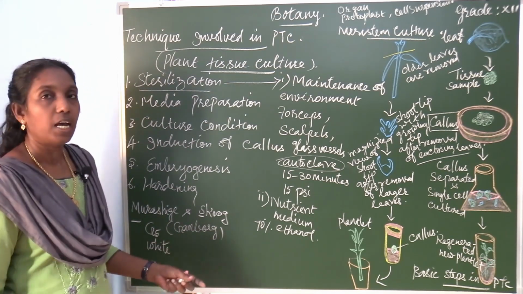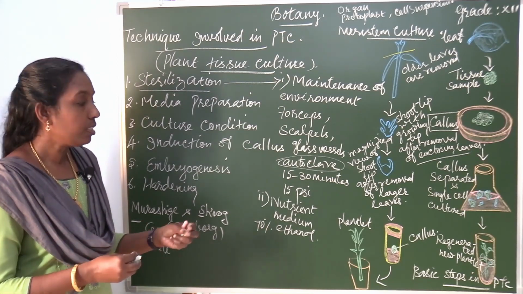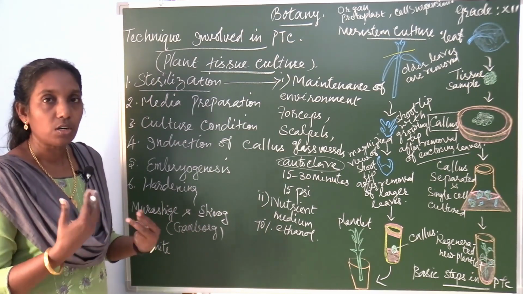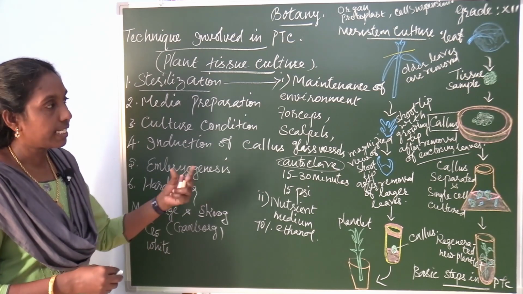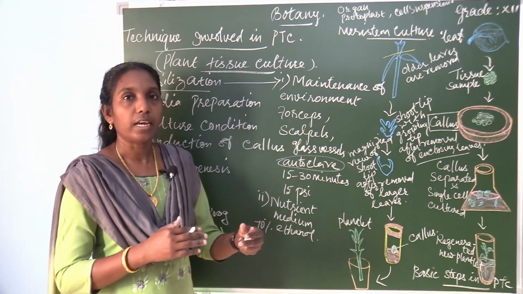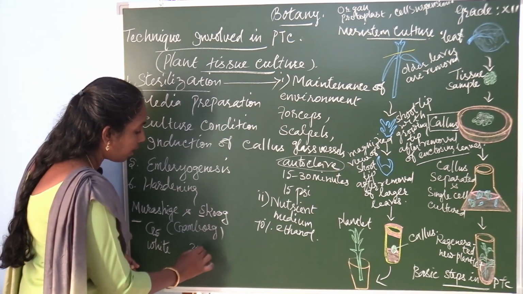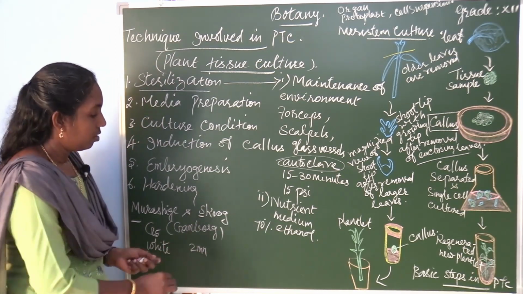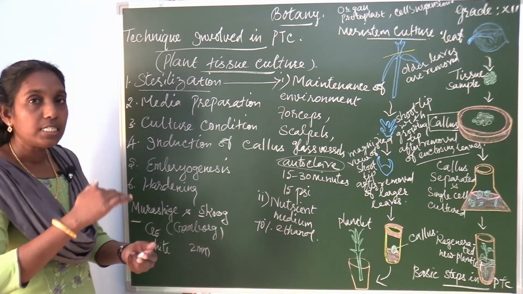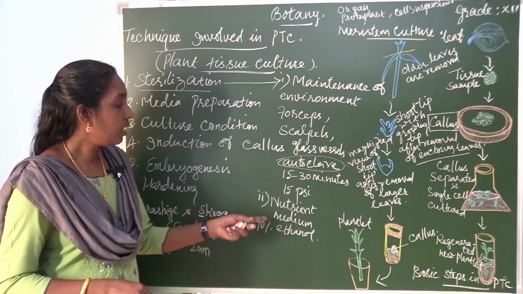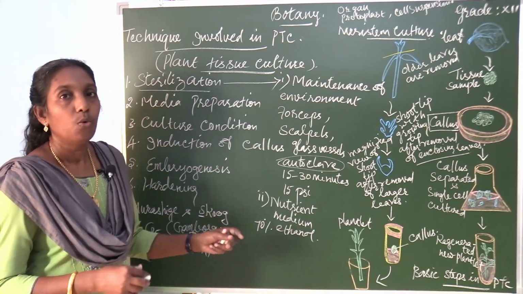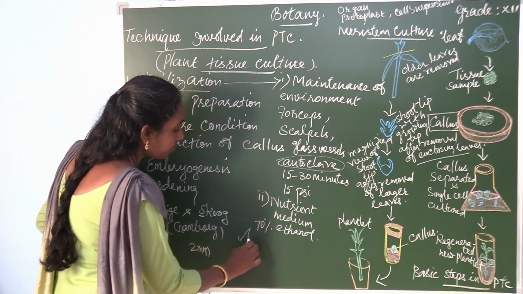MS medium can be supplemented with vitamins, hormones or plant extract. The plant extract can be passed through a 2 mm filter, filtered and added to the nutrient medium with agar.